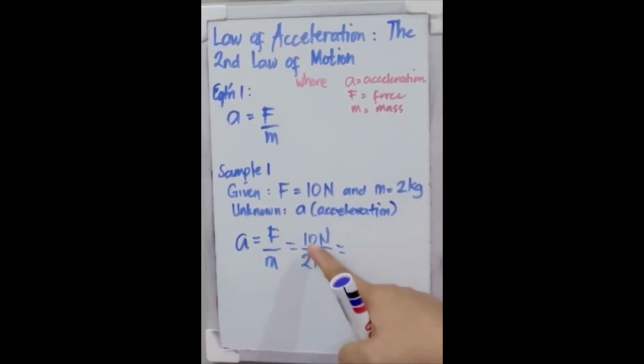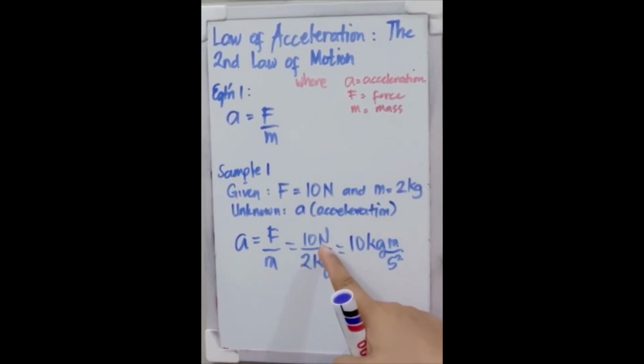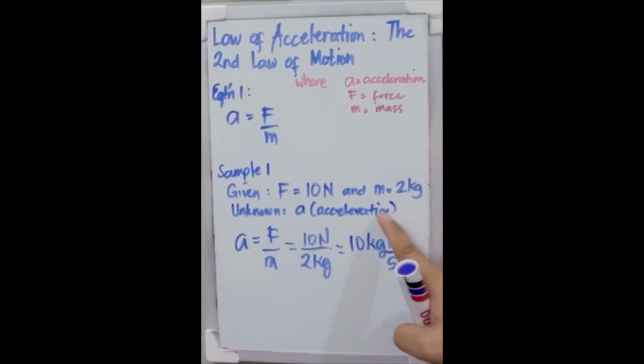Looking at the force here, 10 newtons is just equal to 10 kilogram meter per second squared. If you expand the unit Newton, it will just be equal to this, kilogram meter per second squared, divided by 2 kilograms.